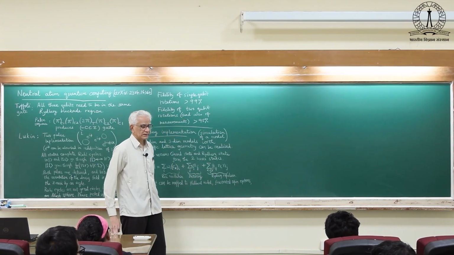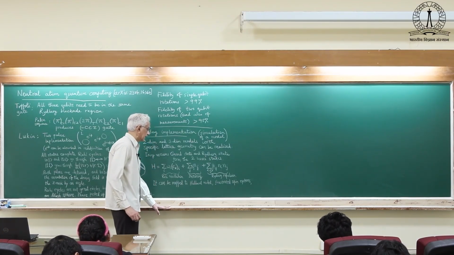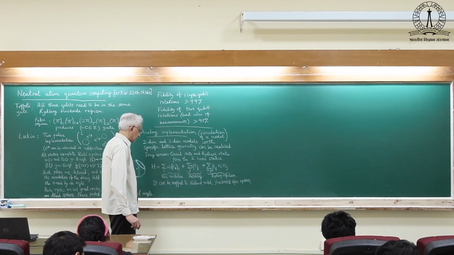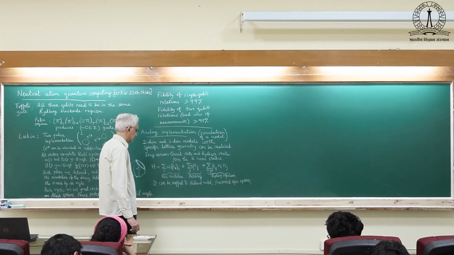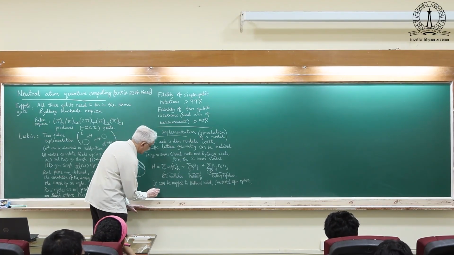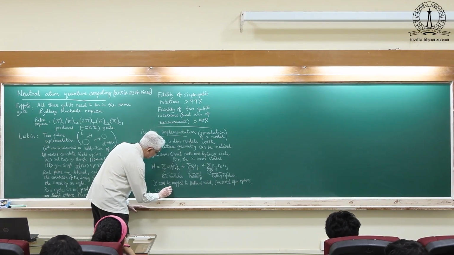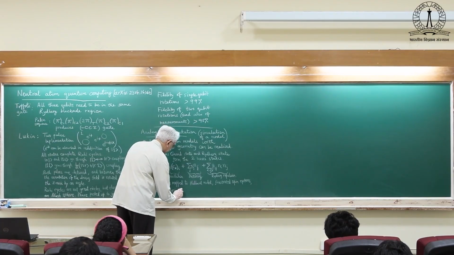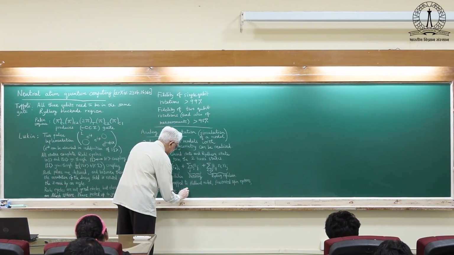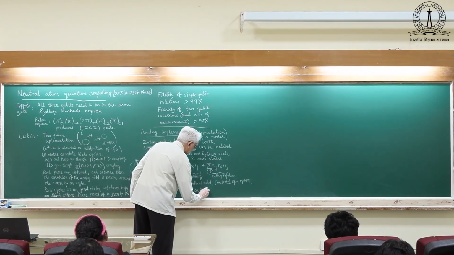You can't have everything satisfied at the same time. And going back to a more general kind of thing which computer scientists deal with, they are called combinatoric optimization problems.